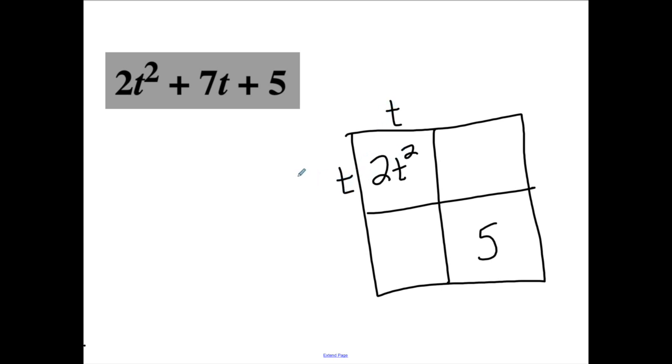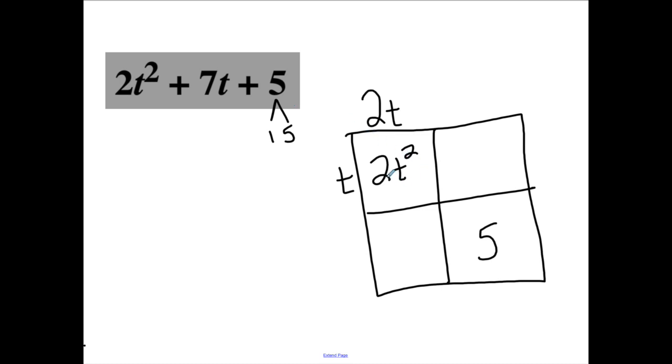How do I get 2? How do you multiply two whole numbers and get 2? Well, one good way is 2 and 1. And you can either put the 1 there or just leave it as t. I'll take either one. They mean the same thing. The good news with 5 is there's only one way to make 5, and that's also 1 and 5. When I say also, I mean because it's just the number in itself.